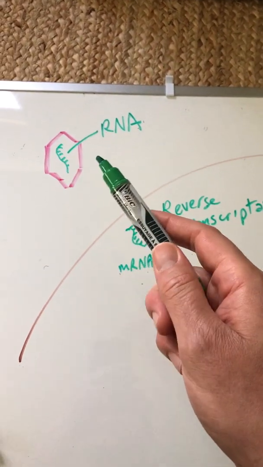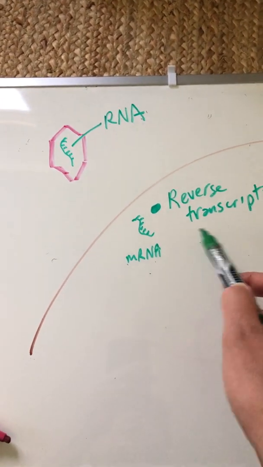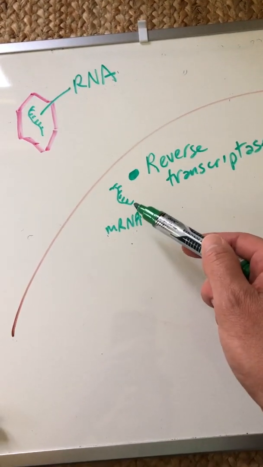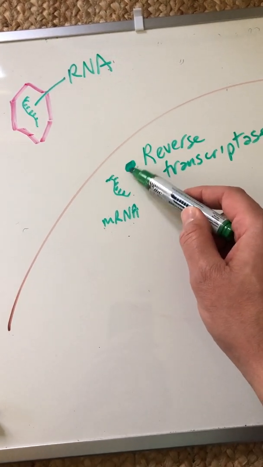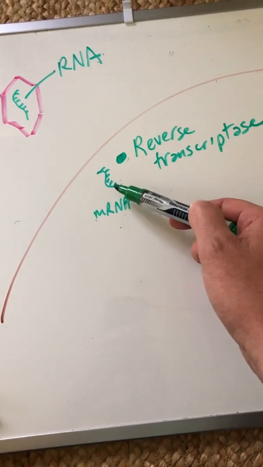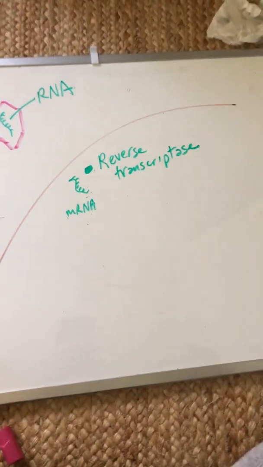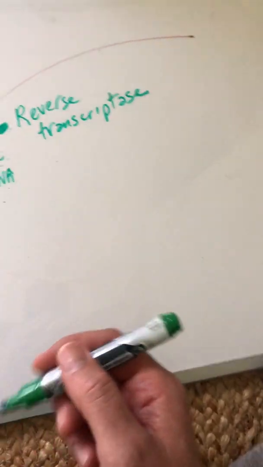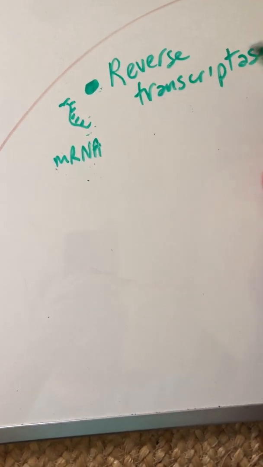But retroviruses are really tricky little devils, because what the cell does is it sees the mRNA and it sort of says, oh, this enzyme goes with it. And what does this enzyme do? It transcribes mRNA back to DNA. Cells get tricked so easily by viruses.